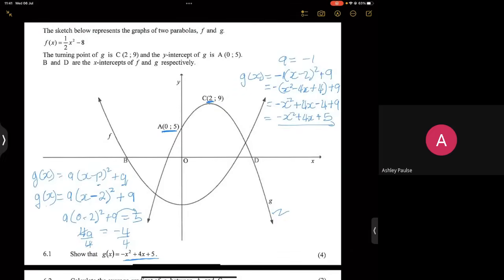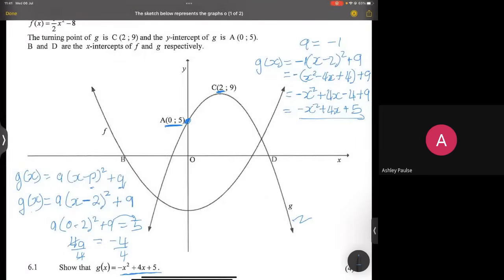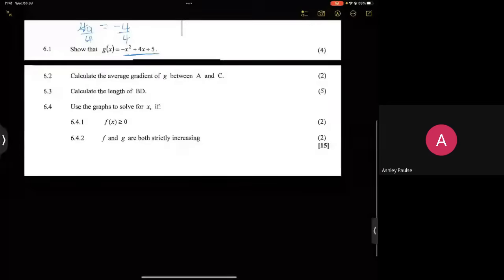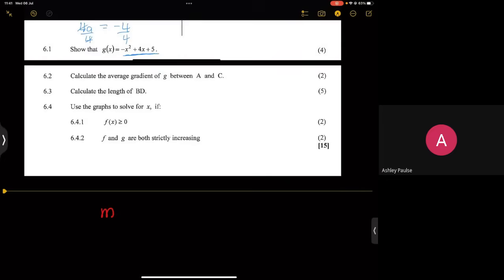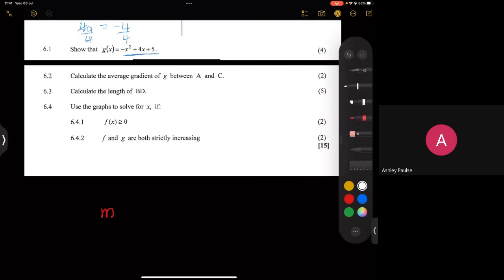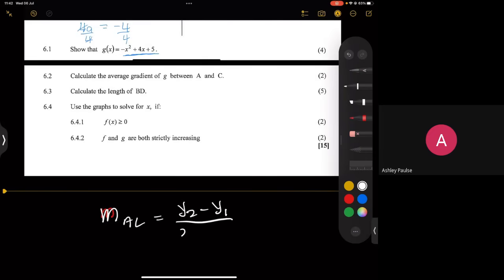Now remember when I'm looking at the average gradient between those 2 points, I take y2 minus y1 divided by x2 minus x1. So the average gradient between A and C would be y2 minus y1 divided by x2 minus x1.